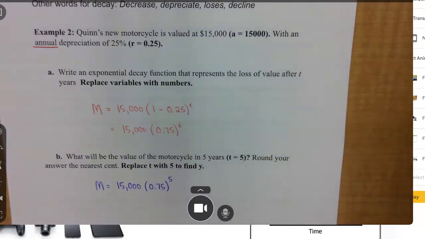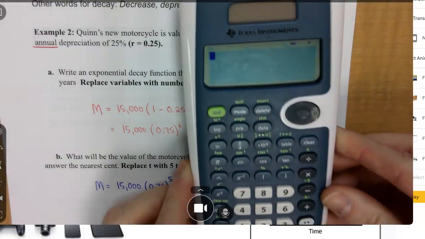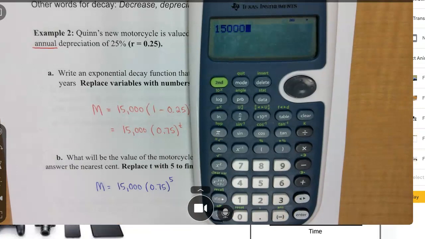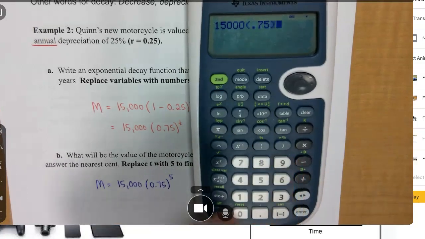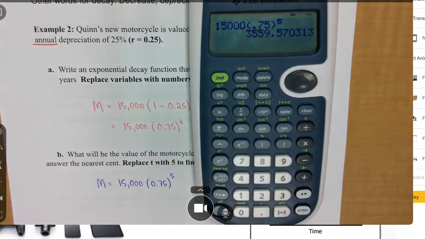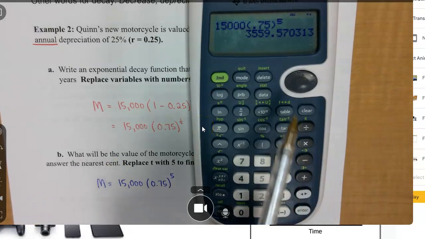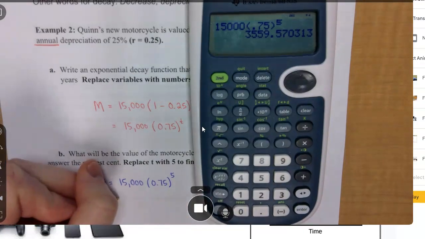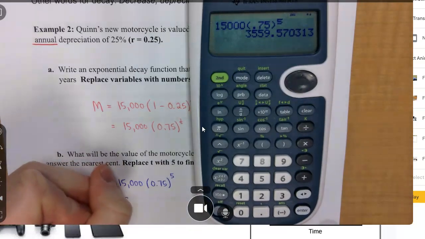And so now we're going to take our calculator, and we have a $15,000 motorcycle times 0.75, close parentheses, to the 5th. And now after 5 years, that motorcycle would be worth, let's just round it to 3,560.